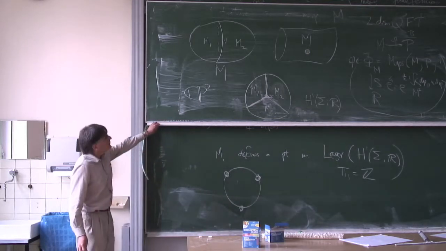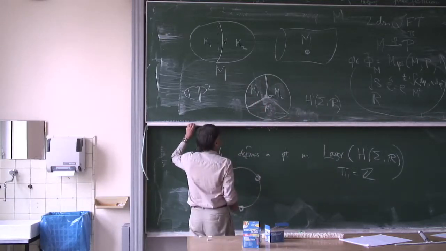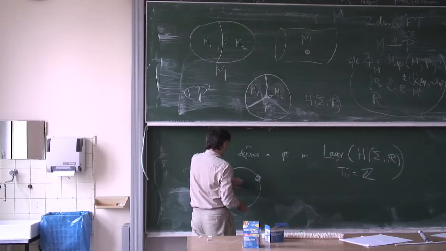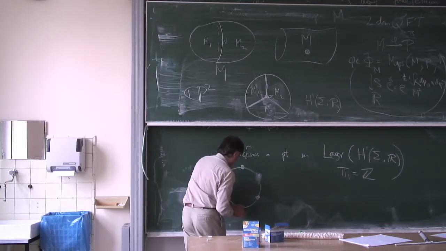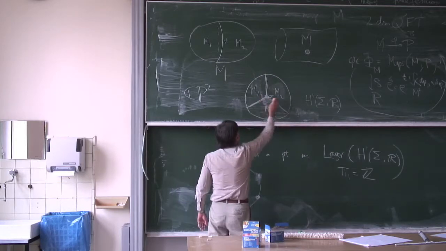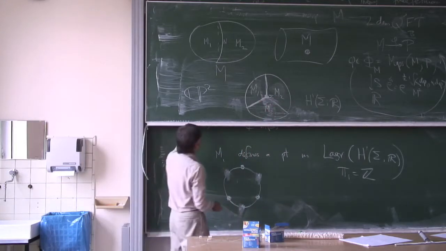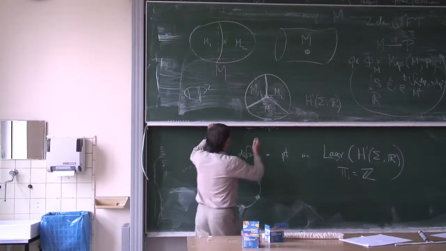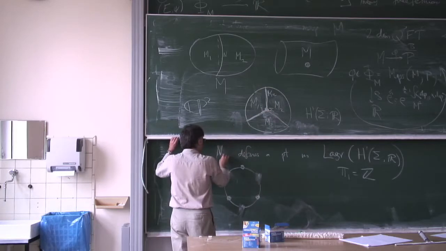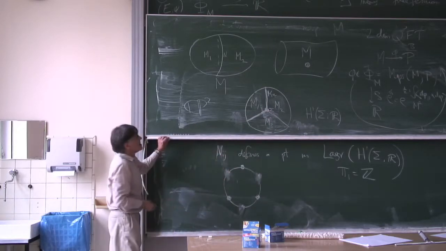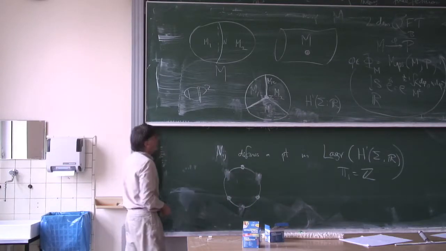And what Wall realized was that each of the manifolds, let's call them N1, N2, and so on, corresponds to the M's, so we have 3 points in that Lagrangian subspace.